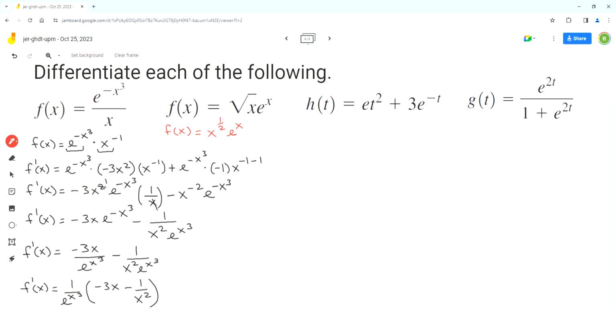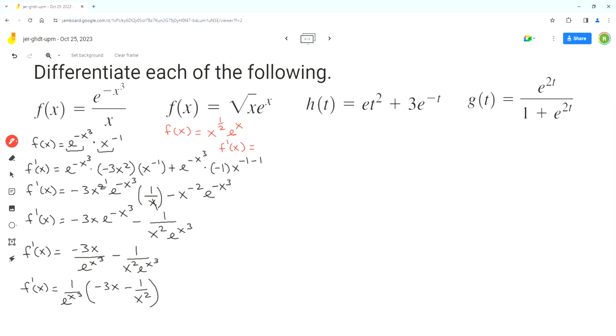Now we can use the product rule to find the derivative, because this function is made up of two functions, x to the power half and e to the power x. So f prime of x equals the derivative of the first function, x exponent half, so we can use the power rule.